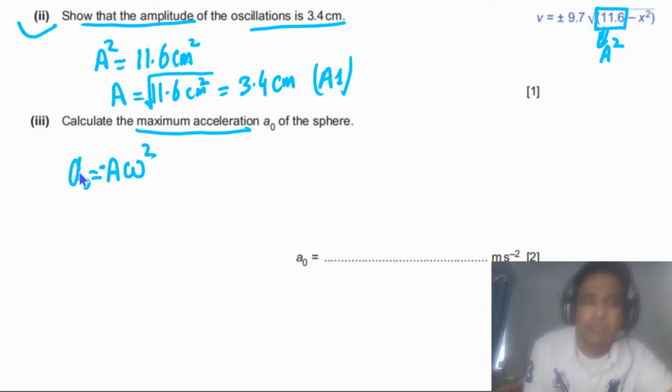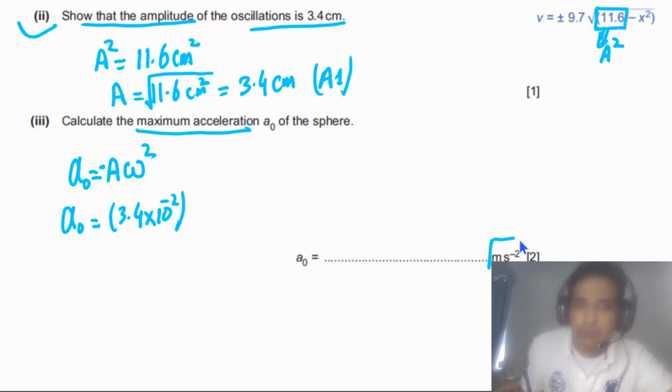This simply tells us that acceleration and displacement are in the opposite directions, but we are simply talking about the magnitude of acceleration, so we can also ignore that. So we can write down a naught in this case will be equal to a, the amplitude, that is equal to 3.4 centimeters. So we have to convert this one into meters because the given unit is in meters per second. Omega square, omega we have already calculated, and also value of omega we already have here.